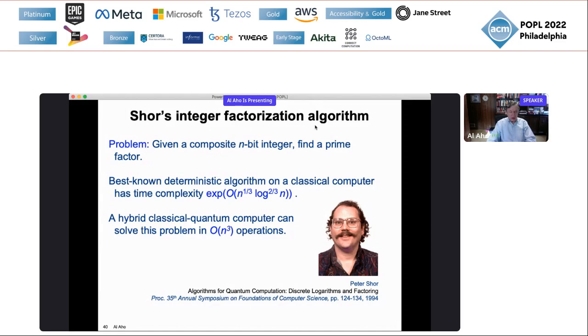Several companies like Google and IBM have built quantum computers with about 100 qubits, but to implement Shor's algorithm with full fault tolerance and error correction will require 1 million or more qubits. It is not clear when such large-scale quantum computers will become available.